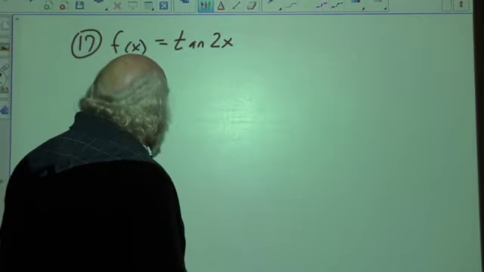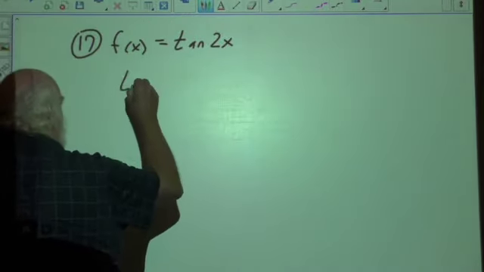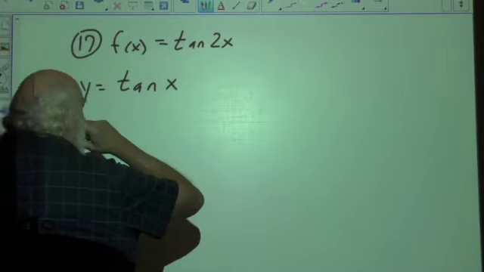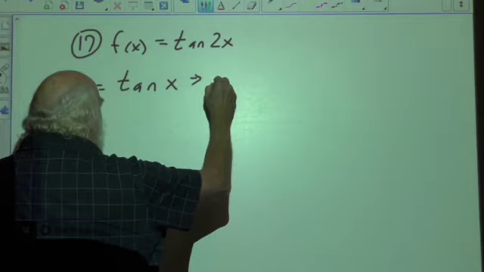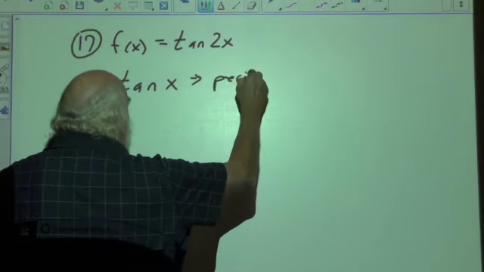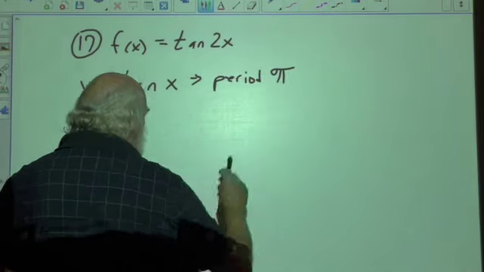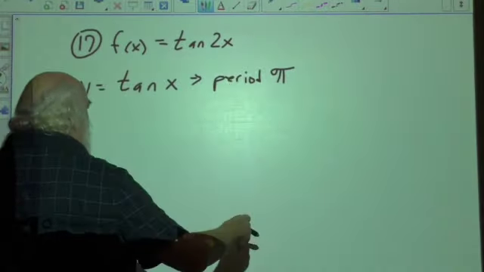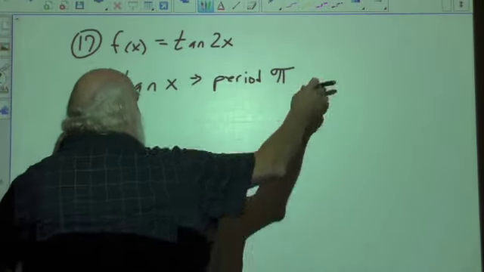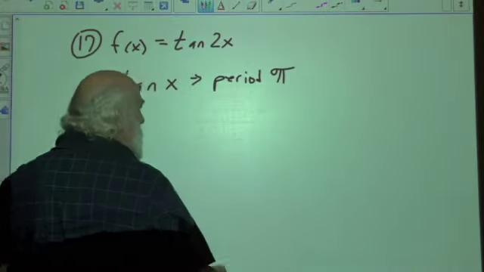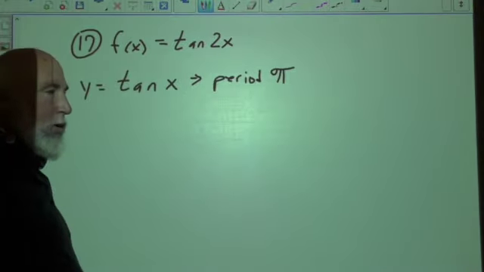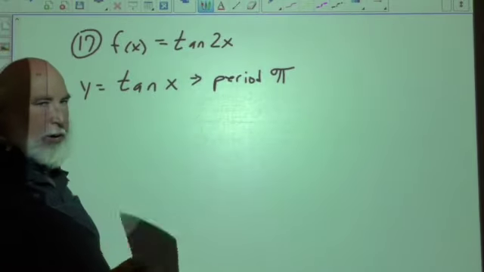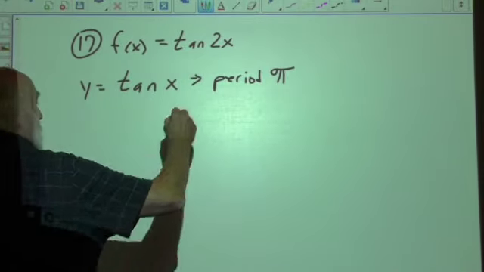If you graph y equals tangent of x on your calculator, you'll notice that the period is pi. It goes from negative pi over 2 to positive pi over 2, and then it starts all over, all the way up to pi over 2, 3 pi over 2, and then 5 pi over 2, and on and on. So it's a periodic thing like that.